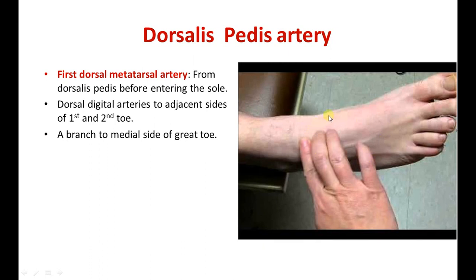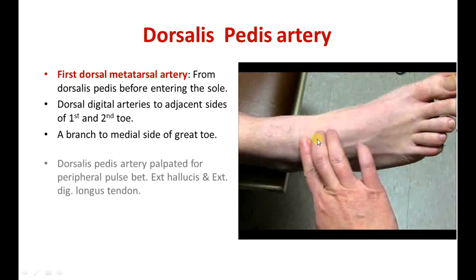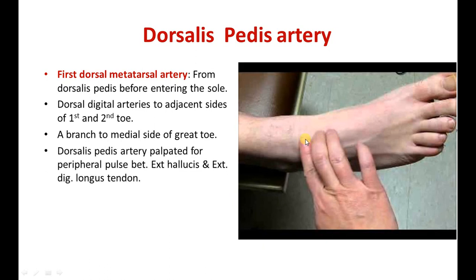So mainly the dorsalis pedis artery is used for peripheral pulse recording. It is palpated for its peripheral pulse, and you should look between the tendon of extensor hallucis longus and extensor digitorum longus.